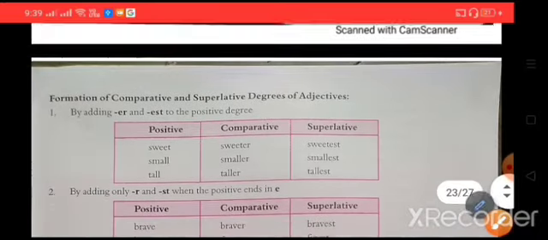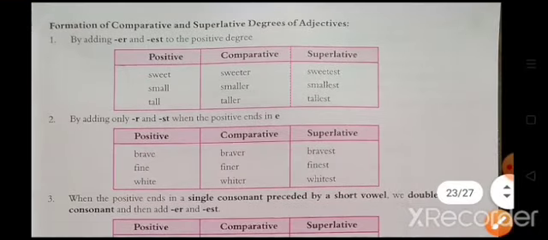Formation of comparative and superlative degree of adjectives by adding er and est to the positive degree. Now here we can see positive, comparative and superlative. Sweet, sweeter, sweetest. Small, smaller, smallest. Tall, taller, tallest.